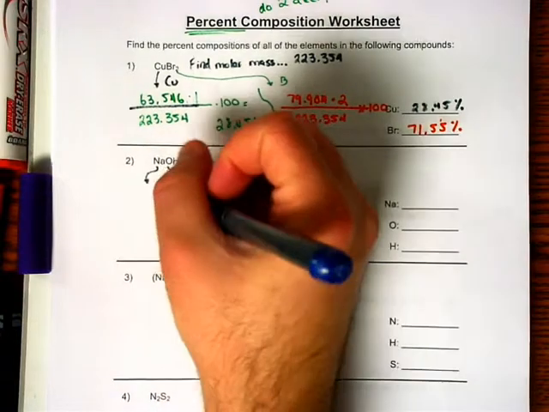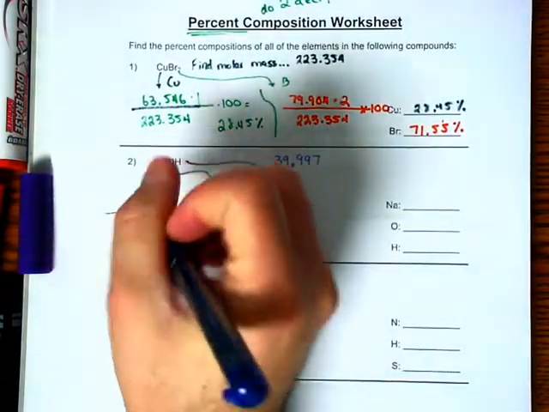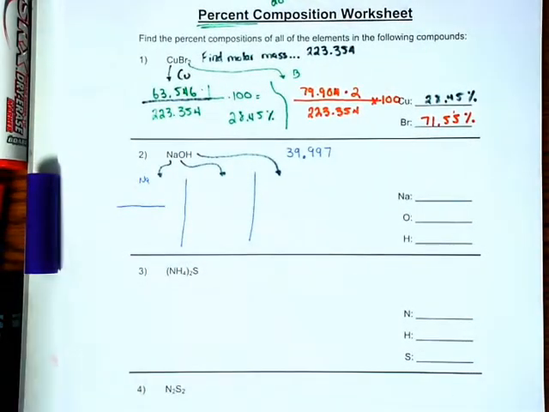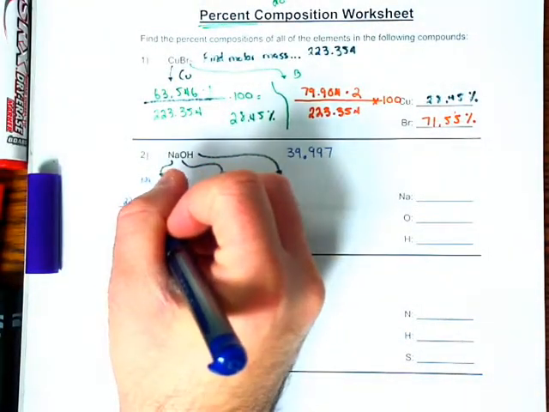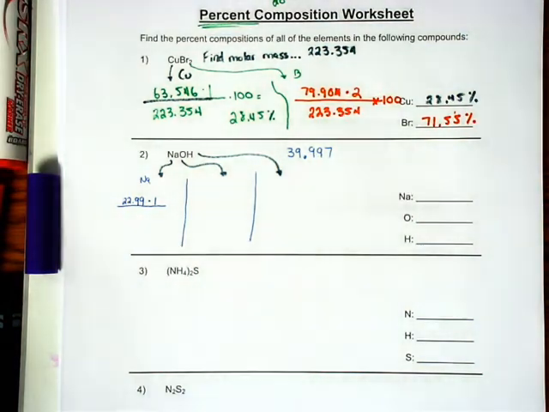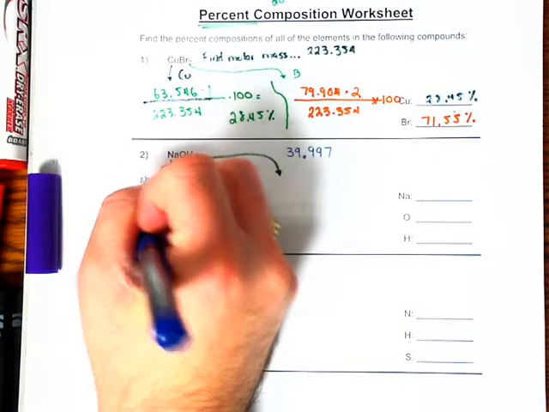Okay, so for my sodium, what am I going to do to solve for the sodium, Na? It's 22.99 times what? Yeah, because there's only one of them. And what do I always put this over? The molar mass, so 39.997.